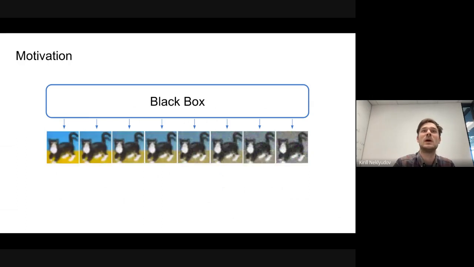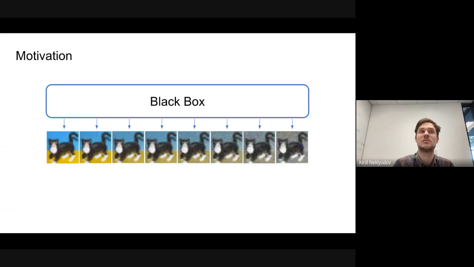Let's say we have a black box that just yields samples on demand at different time steps. It might not even corrupt the images completely. Let's say it removes color, and it doesn't change the distribution to pure noise.